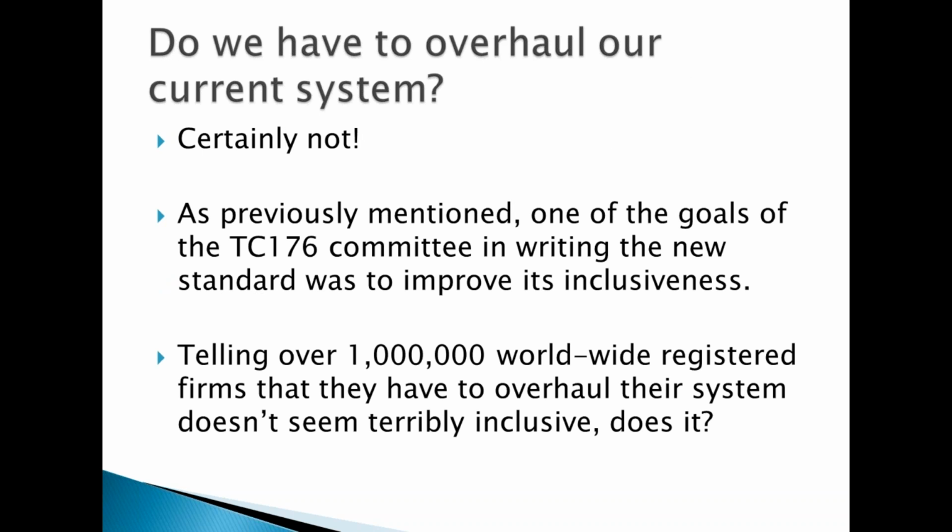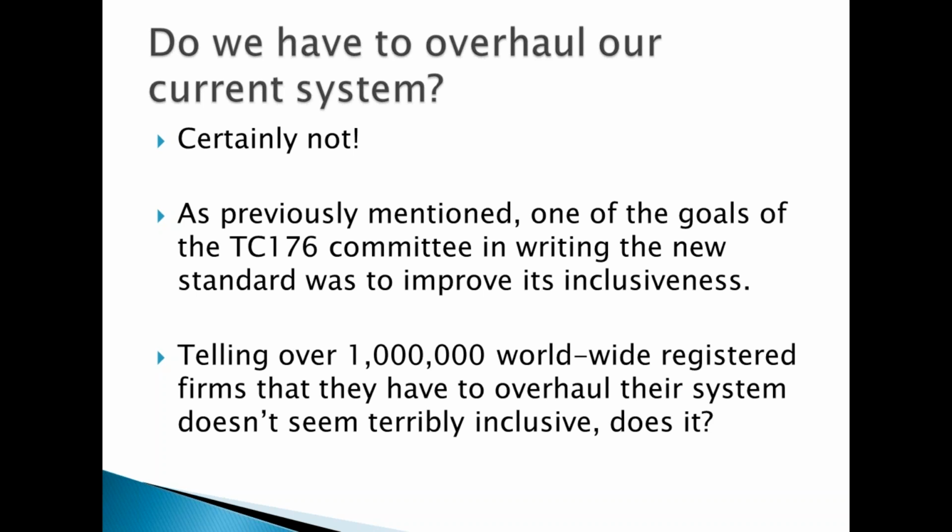Now, in terms of whether or not you have to overhaul your system, the answer to that is certainly not. You have to remember that one of the goals of the committee was to improve the inclusiveness of this standard. Now, we've got over 1 million worldwide registered companies, and if you tell all of those companies you've got to completely overhaul your system to meet this new requirement, that's not inclusive.